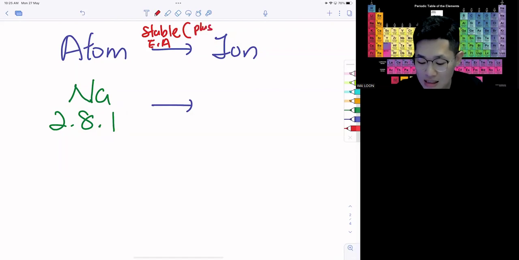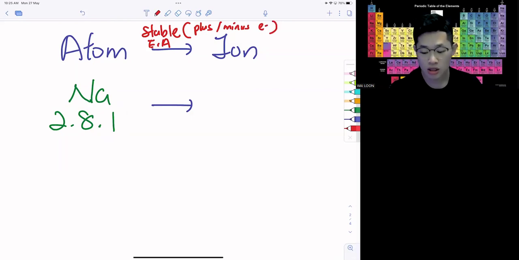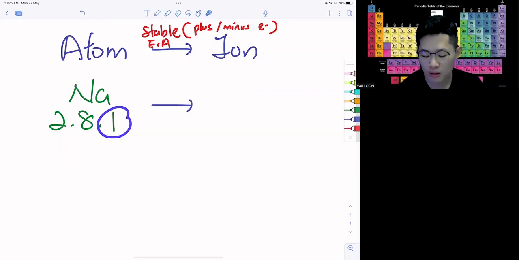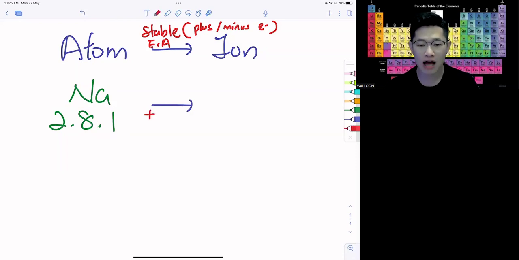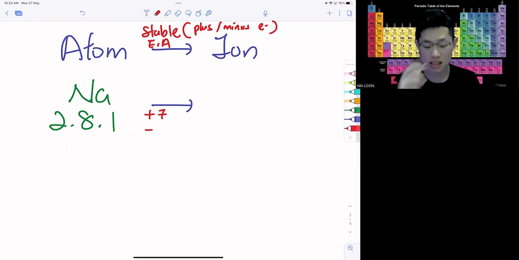You can plus or minus electron. You got to ask yourself, if I were to add electron, how many electrons do I have to add into the 2, 8, 1? I have to add 7 electrons, right? But if I use the minus method, I only need to minus 1 electron.